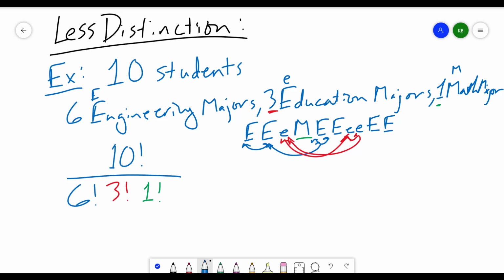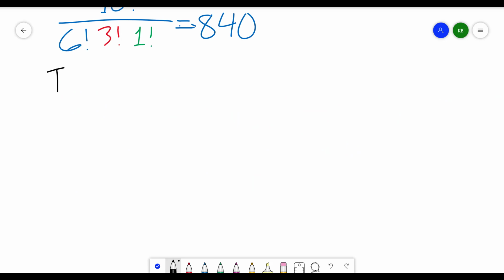So when I do this multiplication and division, I end up finding that I have 840 possible orders that I could call on my students. And that's a whole lot less than the 10 factorial if I was distinguishing by names. So when you take things and have less distinction between them, you greatly reduce the number of possible permutations you have. And this is, again, another theorem for us.